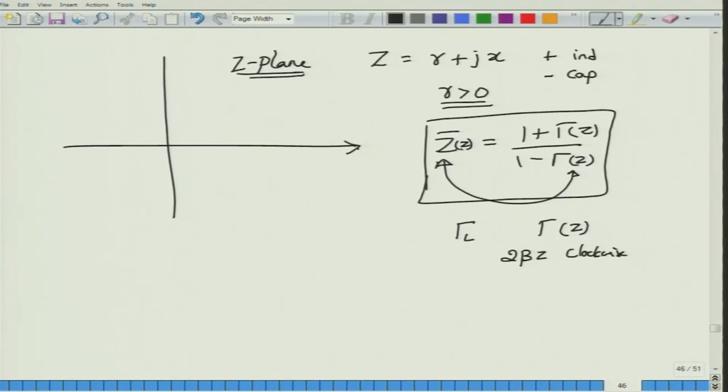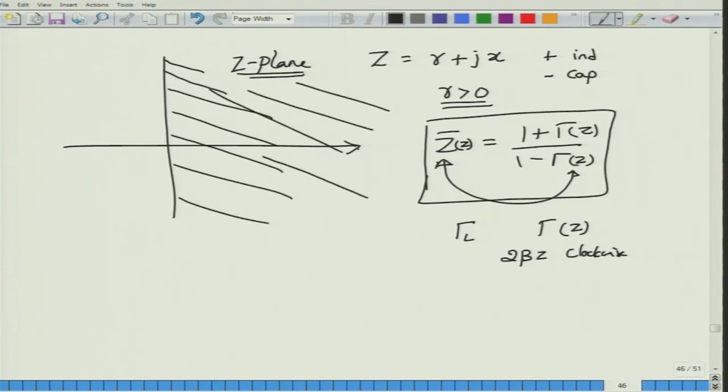Because if I know gamma of Z, I can find out the value of the normalized impedance. Also, the normalized impedance will be completely in this region. So this entire region is the possible values for Z bar of Z, the complex Z value, which we will write as R along the real axis and X along the imaginary axis. So this is R and X. Here would be the inductive reactances, and this one would be the capacitive susceptances.